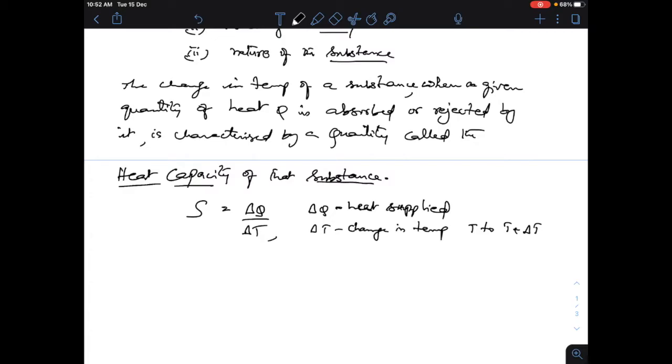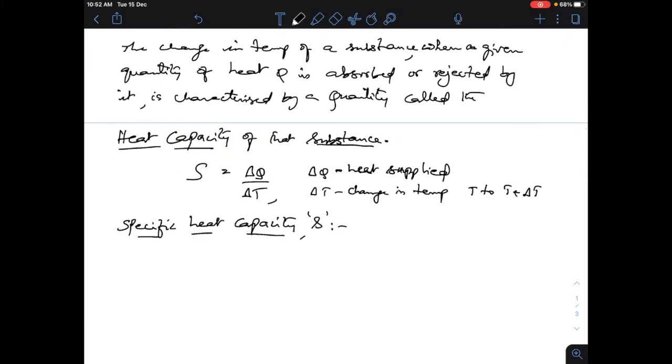Now let us define what is specific heat capacity. This is very important. Specific heat capacity, and I'll denote it with a small letter s.